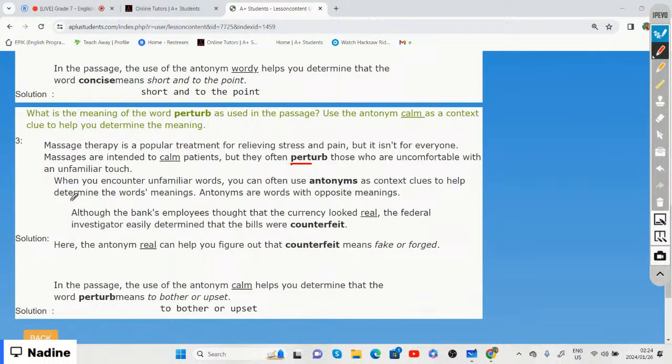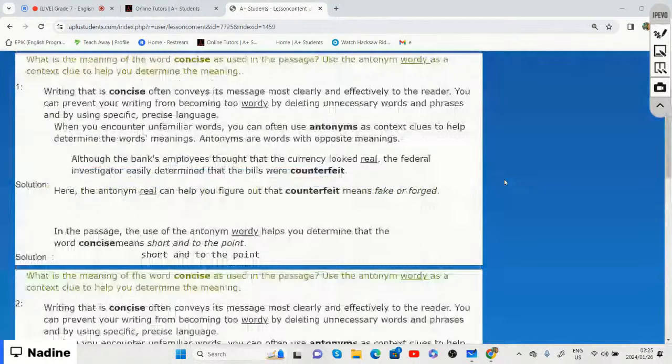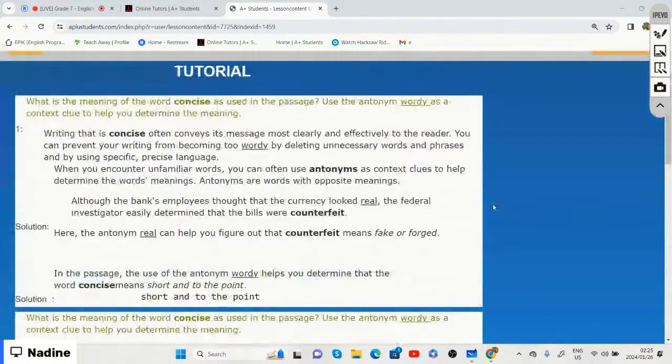So we say that massage therapy is a popular treatment for relieving stress and pain, but it isn't for everyone, as massages are intended to calm some patients, but they often perturb those who aren't comfortable with an unfamiliar touch. And we said perturb means to bother or upset, right? And we have that type of wording twice.